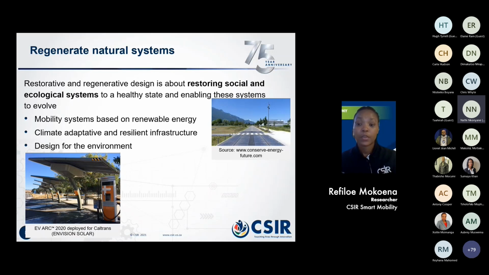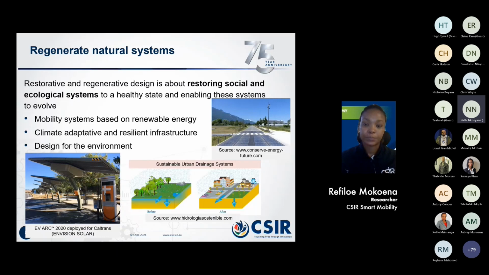We've also seen a growing interest in using energy harvesting methods like solar roads, which essentially act as multi-purpose infrastructure that not only support transport needs, but energy needs using renewable energy. Another example of designing restorative systems includes increased use of strategies like the sustainable urban drainage systems that help reduce stormwater runoff during rains and floods.